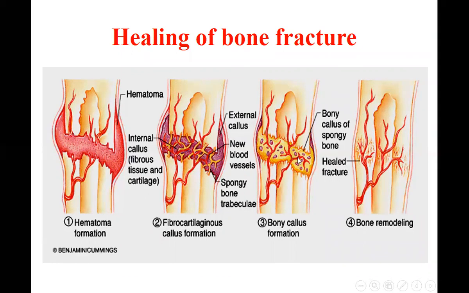Finally, this process of formation of calcium within the bone where there is a fracture is called callus formation or calcification. The next stage is called bone remodeling. Because of the bleeding and deposition of calcium and fibrocartilaginous material, this part of the bone becomes irregular, different from the normal shape of the bone. Now, in the fourth stage, what happens?